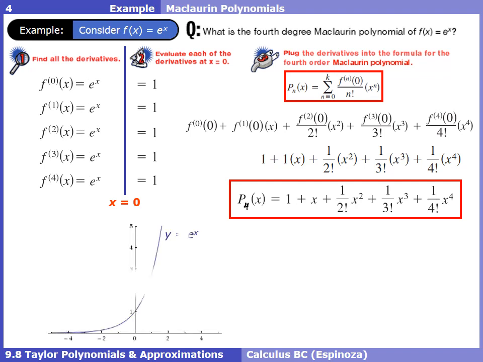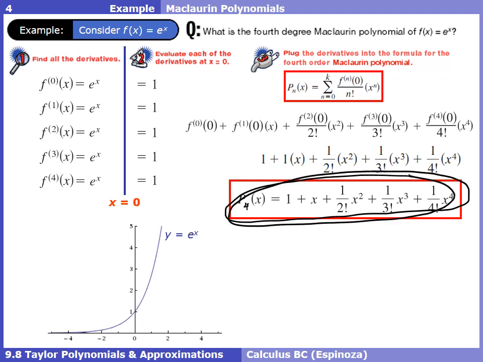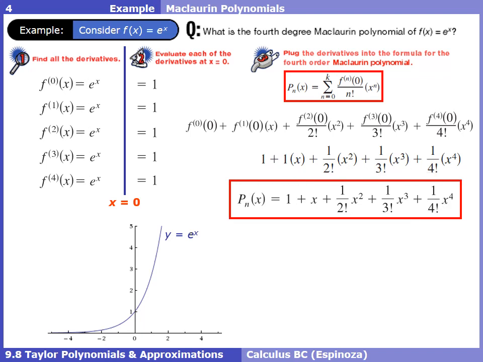Okay, so let's see what we can do with this. If I were to take e to the x and graph it, and if I were to take this Maclaurin polynomial and graph it, how good of a graph would we get for this approximation? Well, if we graph it, you'll notice how good a job it does. All of this area right here of this graph is basically right on top of the graph of e to the x.